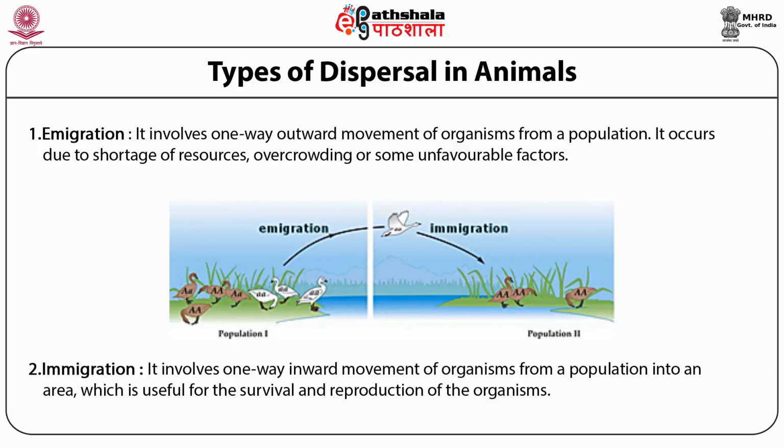For example, the bird which moves away from the original population and enters into a new population is called immigration. People leave India for better job prospects and living conditions in the USA. It is an example where people are emigrating from India and immigrating to the USA.